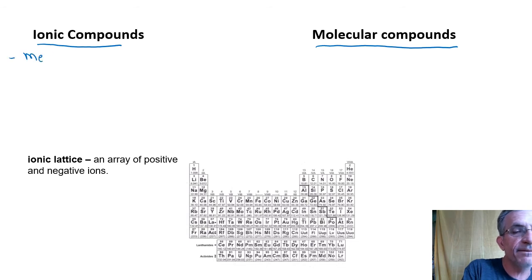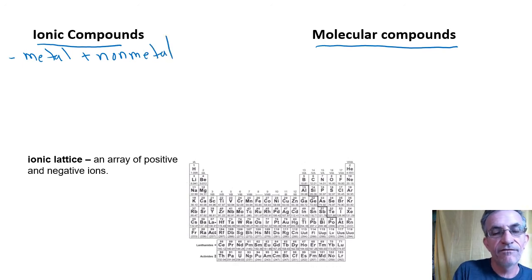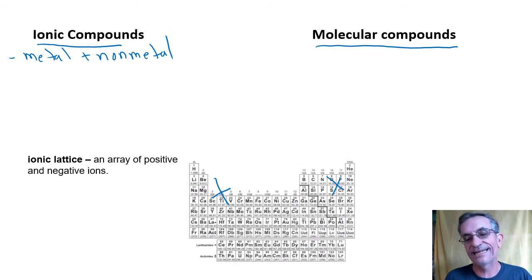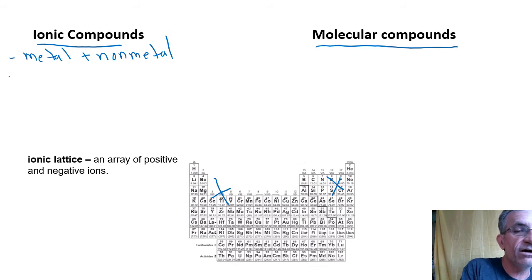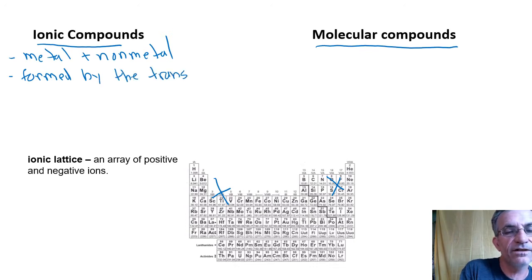So for an ionic compound, just to remind you, they are always made up of a metal and a nonmetal. So we're going to have something from the left-hand side of the periodic table along with something from the right-hand side of the periodic table. When you put them together, you get an ionic compound. Now, how are they going to get together? Well, they are formed by the transfer of electrons.